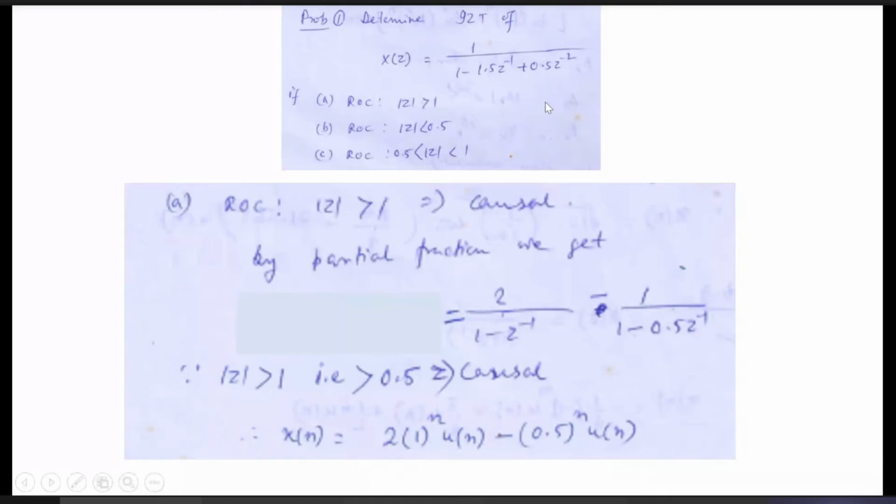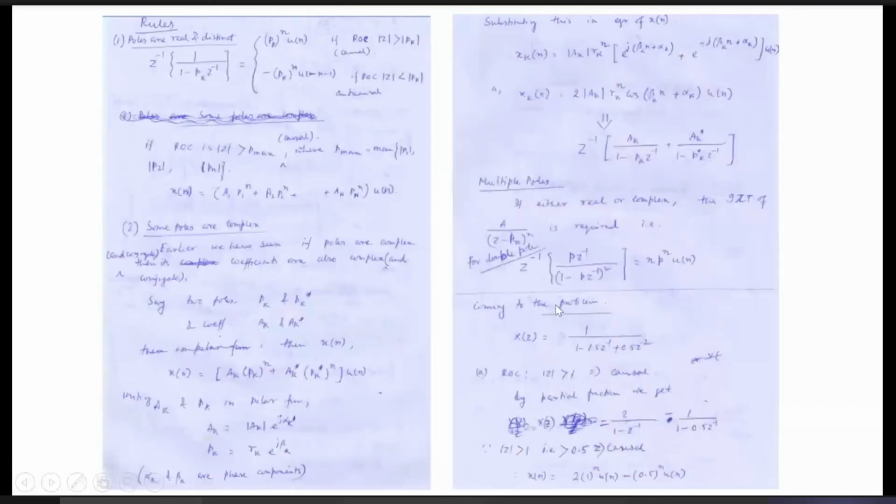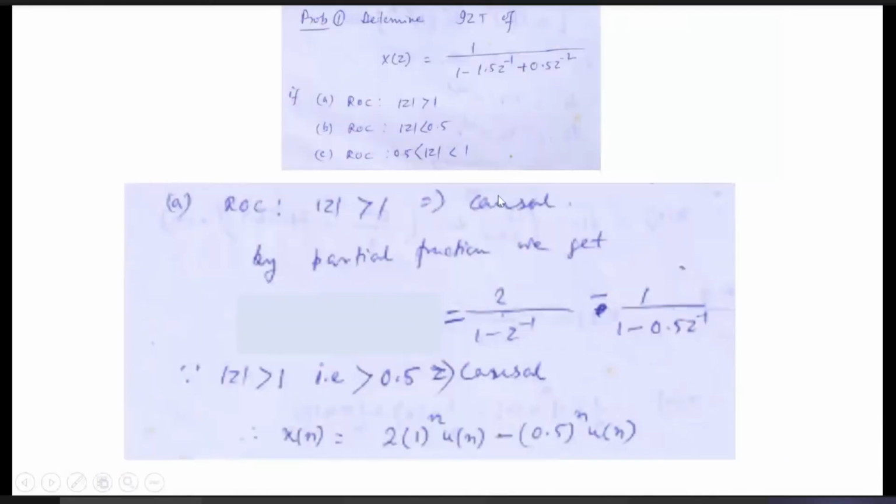So let us discuss the first case, mod z greater than 1. First you get the partial fraction of this. After getting the partial fraction, we will get this as the answer.